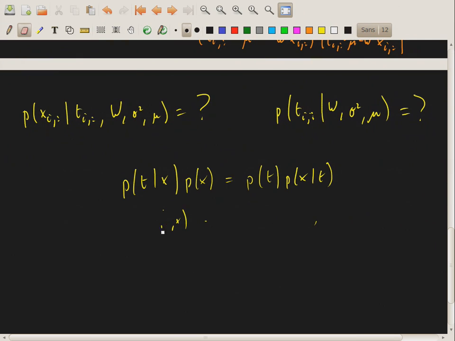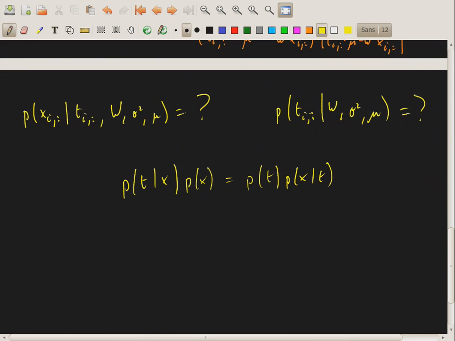So you're given this, and you want this. And the way we've been doing all these is just to multiply those out. In the Gaussian case, that means summing in the exponent, a multiplication of two exponents. The only terms we're interested in appear in the exponent, so we could ignore the rest, because both of these are probability distributions and they must be normalized.